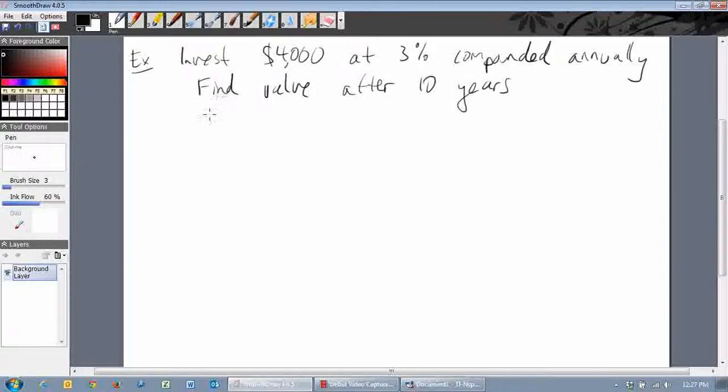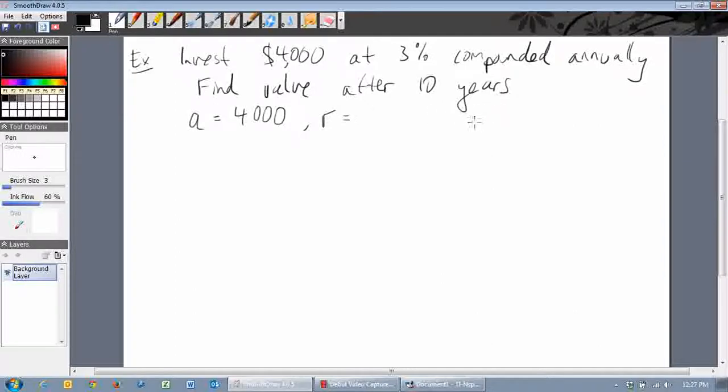And so let's just have a think about this. First, what's your initial value? Your initial money that you have in the bank is $4,000. What's the ratio? If something grows by 3% every year, how much will it grow by? It's a bit hard to think about.